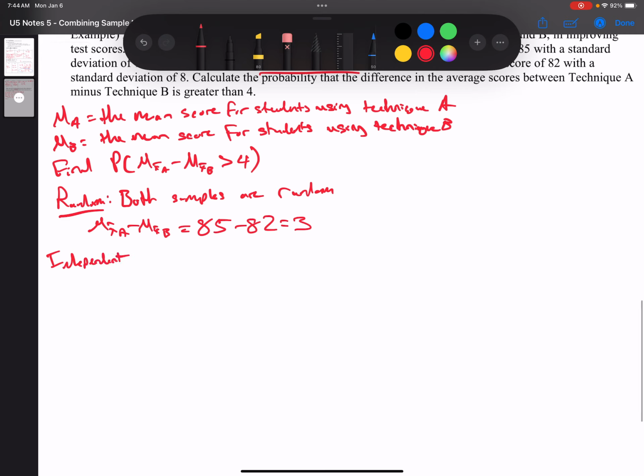Okay, then we check for independence. Independent. Okay, and let's see. All right, so now this is for our 10% condition. Okay, so for group A, look at this.